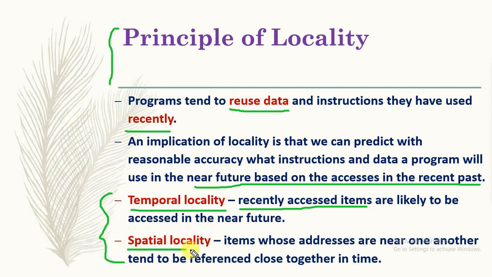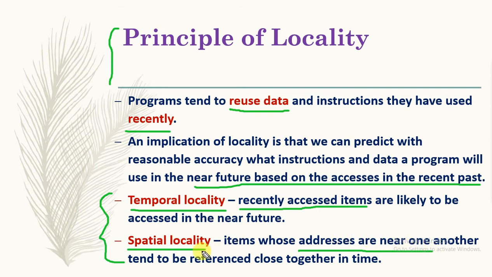Similarly, spatial locality means the items whose addresses are near one another. For any operation, we always try to access the data that is very close. So that is the reason why we need to have a place where we keep some data very close to the processor.